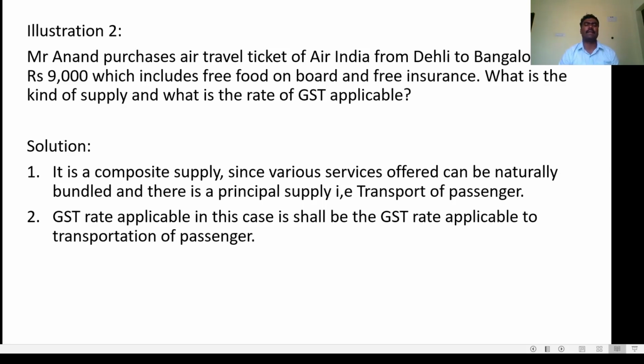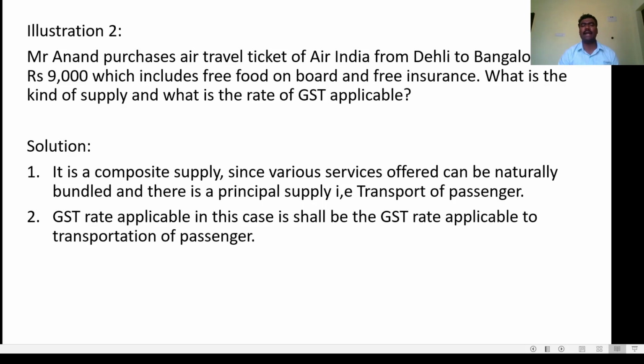We can clearly say it is a composite supply, because the various services offered, that is transportation of passengers, then offering of free food and free insurance services, are naturally bundled, which means they come naturally along when Mr. Anand purchased an air ticket, and they cannot be separated and sold separately.